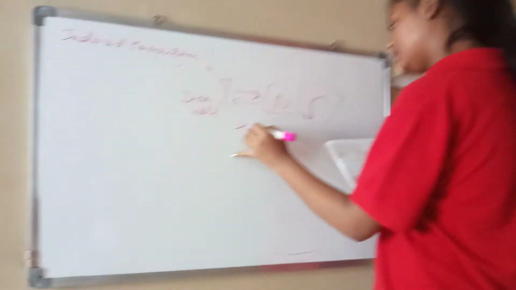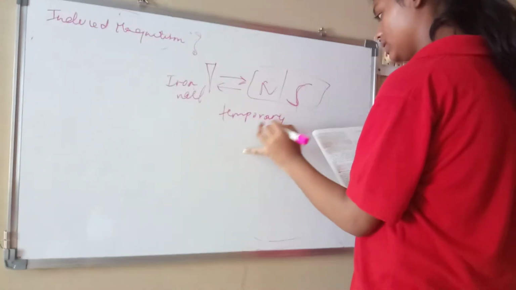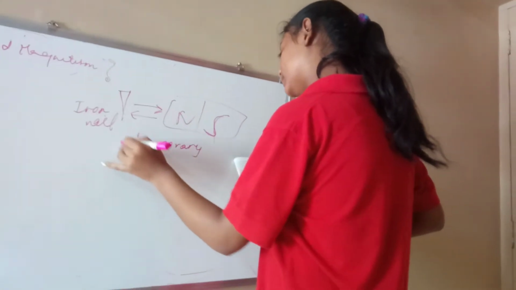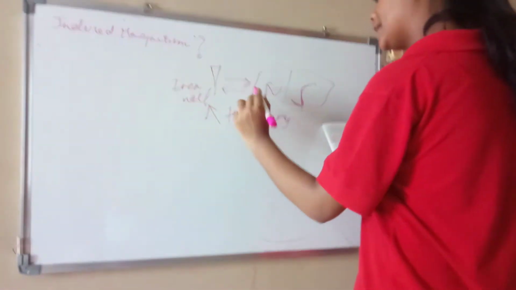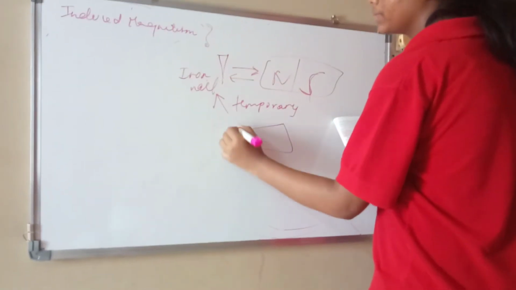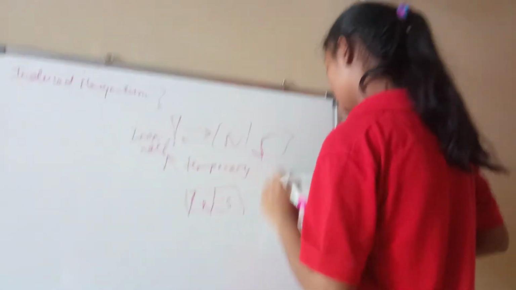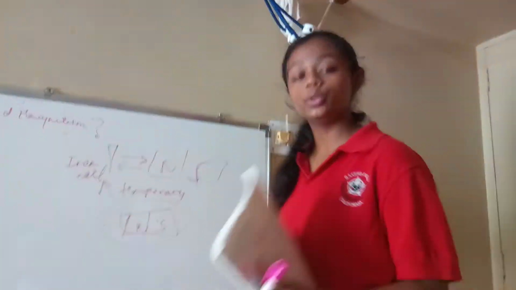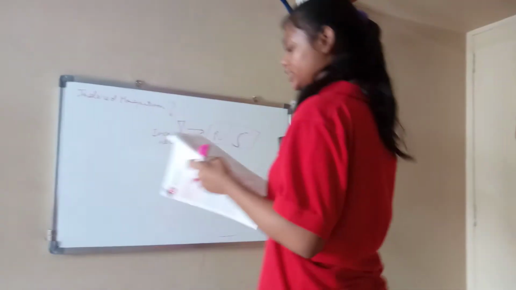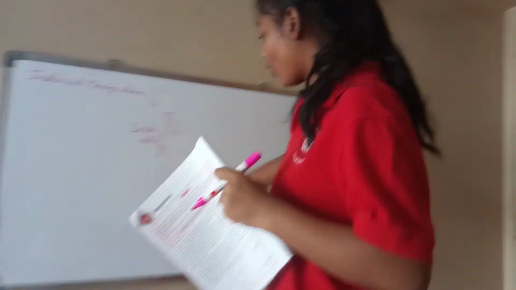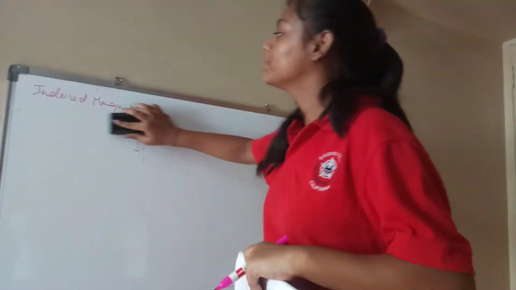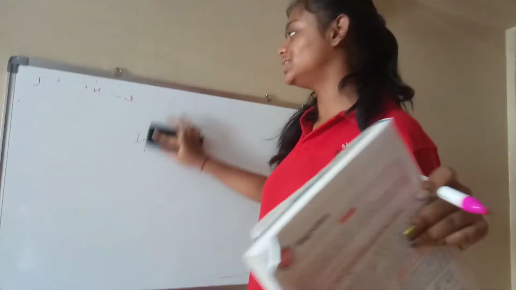So the definition becomes: temporary magnetism acquired by a magnetic material when it is kept near or in contact with a magnet is induced magnetism. So a simple definition is, अगर आप कोई भी मैग्नेटिक ऑब्जेक्ट को मैग्नेट के पास रखते हैं तो उसमें मैग्नेटिज्म जाग जाती है, जिसे हम इंड्यूस्ड मैग्नेटिज्म बोलते हैं.